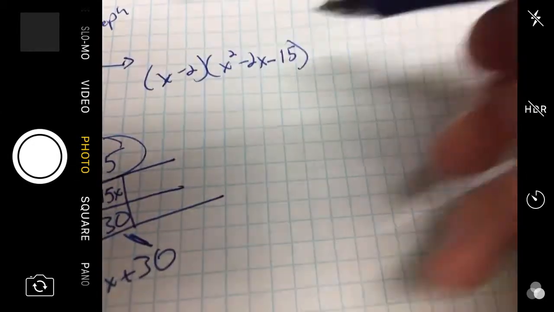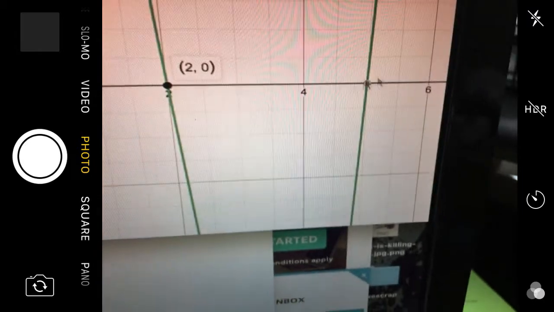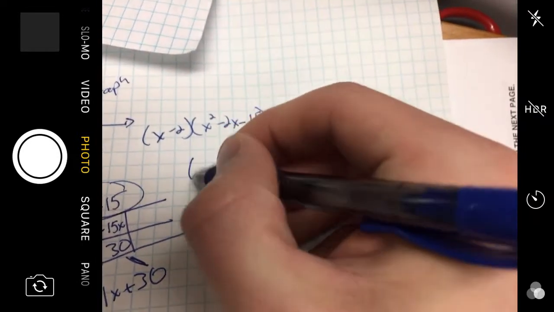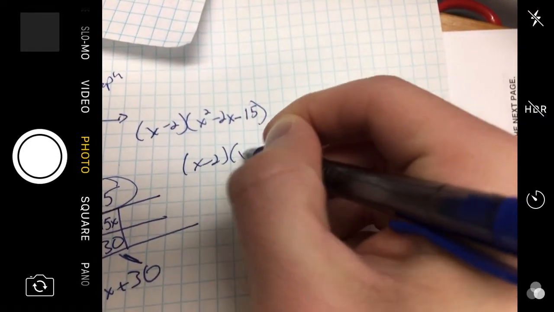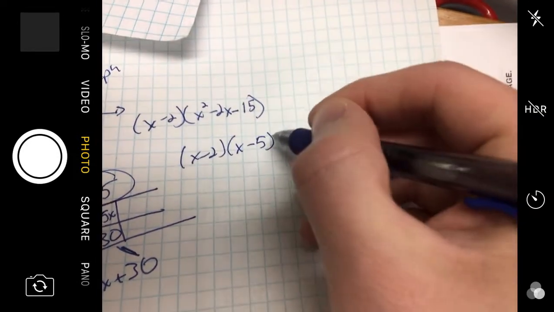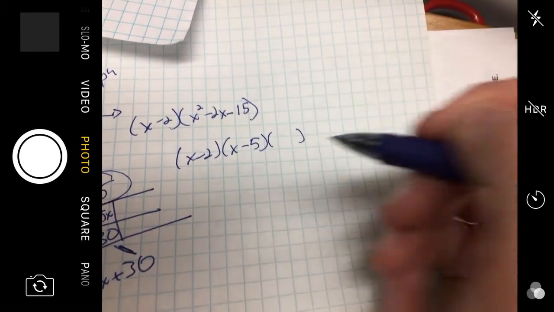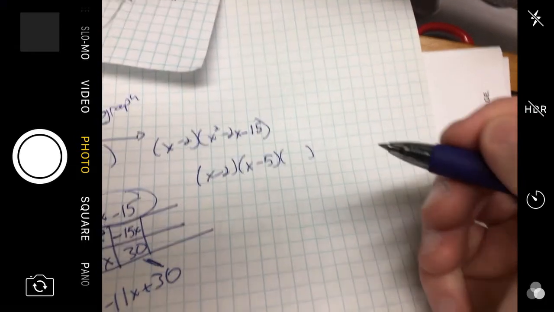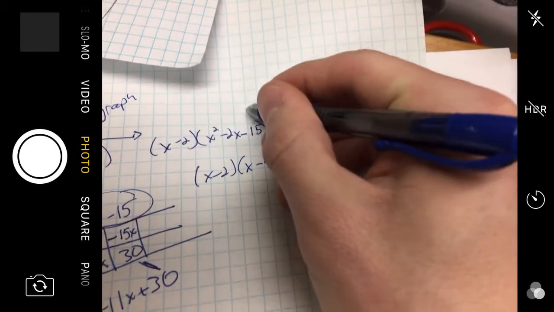We could do that here, because we still, let's go find another zero that I have up here. Let's see, 5. Okay, so I know that this will break down into x minus 2, x minus 5, and then some other, which I know it'll be an x plus or minus something.